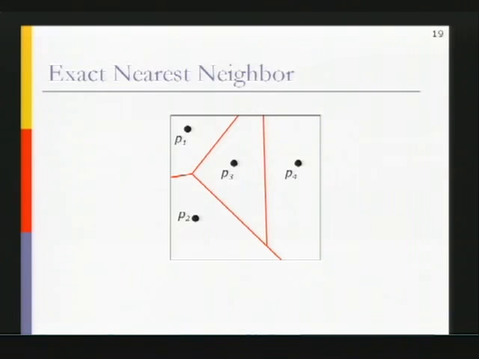A Voronoi diagram is a disjoint partitioning of the space into polygonal regions. And the very useful property of this concept is that within each polygonal region, the points situated in this gray region are closer to P1 than to any other point in the dataset. So if I have a query point lying in this region, its actual nearest neighbor will be P1. And similarly for the other partitions.